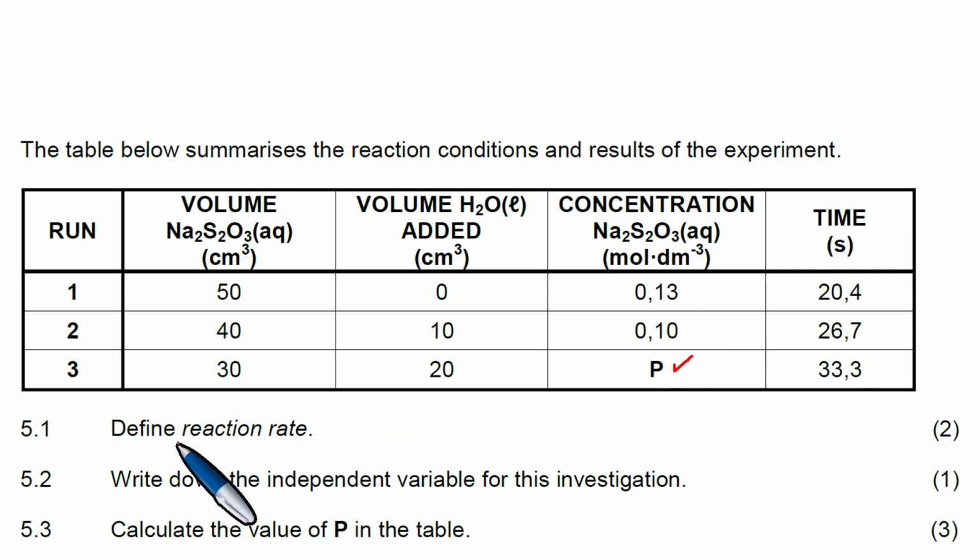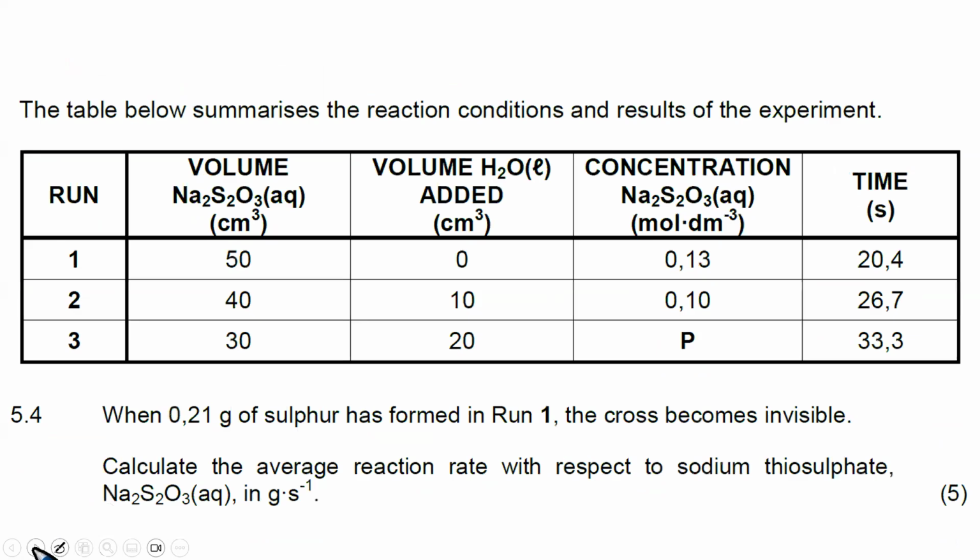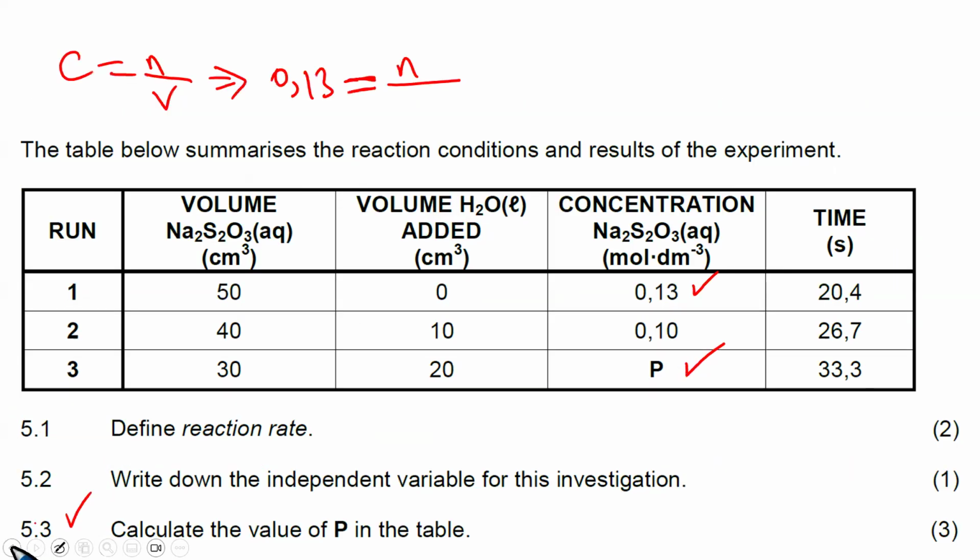Right, we want to find this, which is the concentration P. And we've already mentioned that concentration itself is number of moles over volume. And we can see the concentration, for instance, in the beginning was 0.13, when the volume of the sodium thiosulfate was 50.